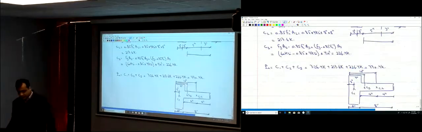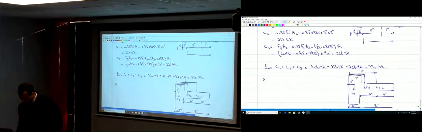I have those distances. So now, Pn multiplied by x bar is equal to C1 multiplied by 3 inches plus C2 multiplied by 10 inches plus CS multiplied by 7 inches. So the distance x bar is C1 times 3 inches plus C2 times 10 inches plus CS times 7 inches, divided by Pn.